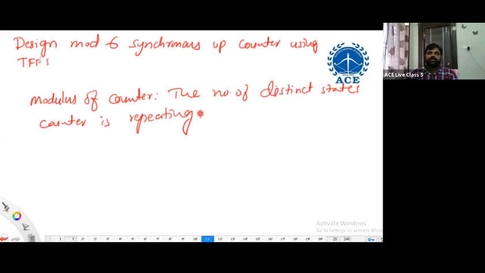Number of distinct states a counter is repeating is called the modulus of the counter. Whenever modulus is asked, it means how many states a counter is repeating.